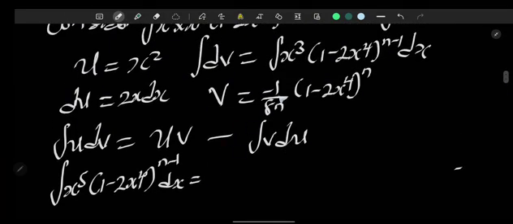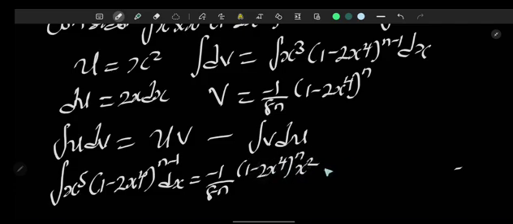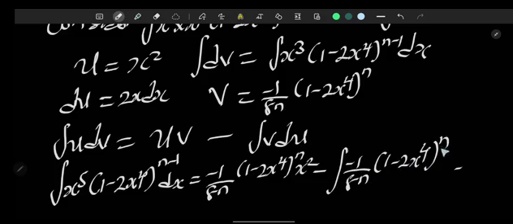U is x squared times this, that's going to be minus 1 over 8n 1 minus 2x raised to the power of 4, then to the power of n x squared, then minus integral minus 1 over 8n 1 minus 2x raised to the power of 4n, then du is 2x dx.